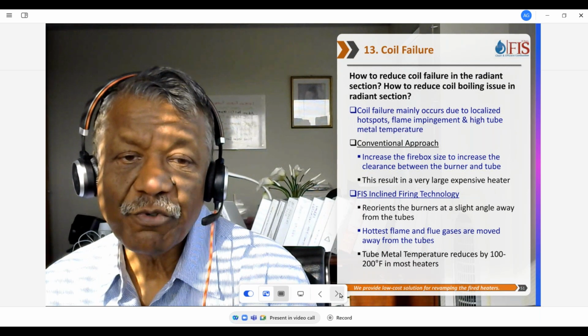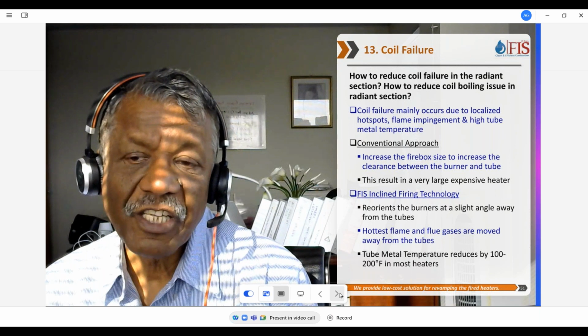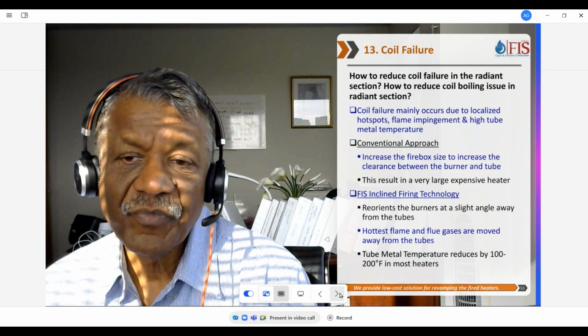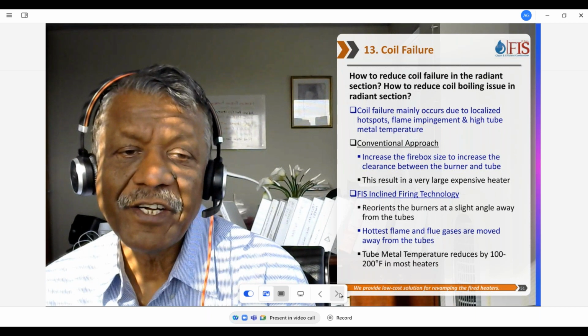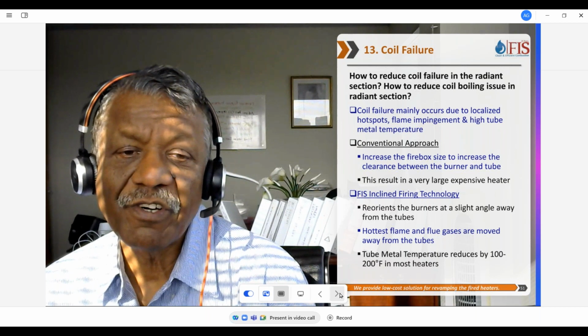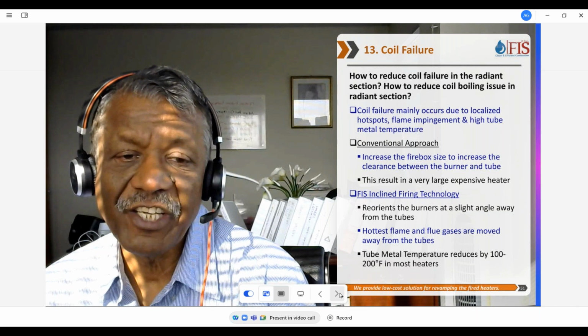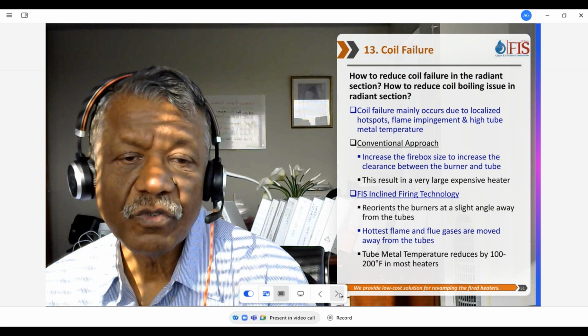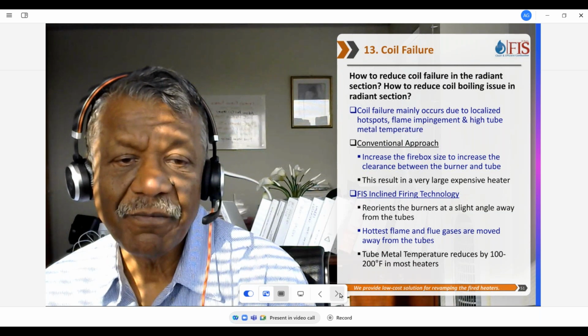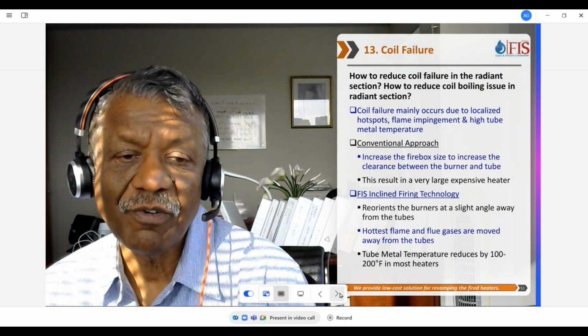So Furnace Improvements has this technology, which has been proven in several heaters. We take your existing burners and reorient them away from the tubes at about 3 to 5 degrees. By that, we are able to move the hottest flames and flue gases away from the tubes.